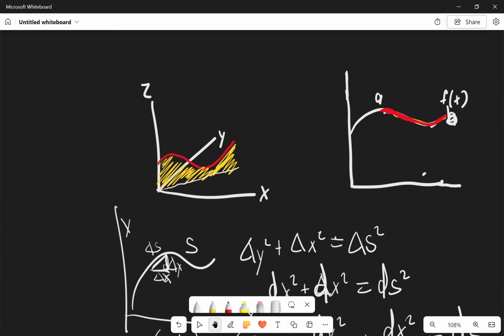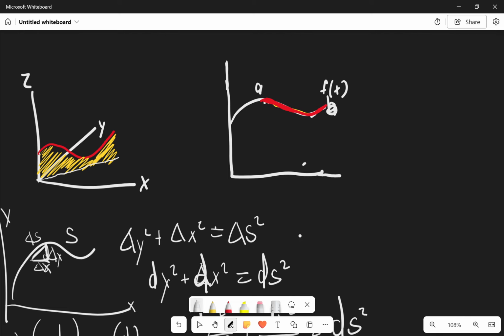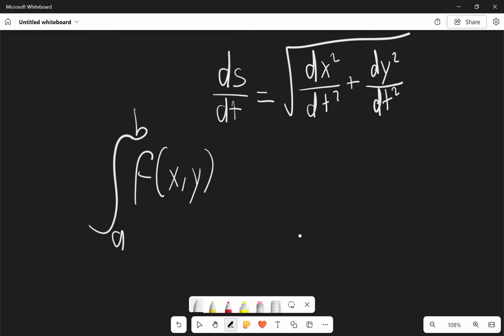Instead of dx, the variable with respect to which we used to integrate, we are going to use ds. So here we have this times ds.